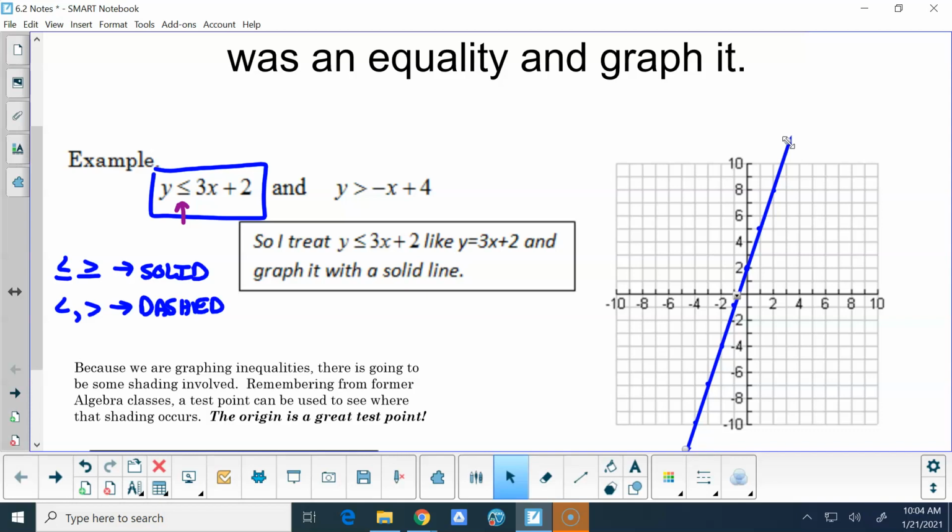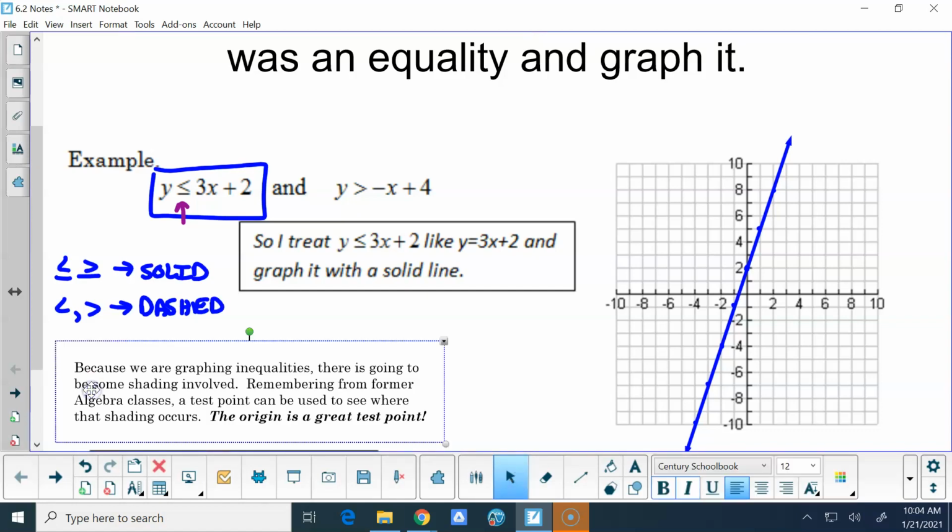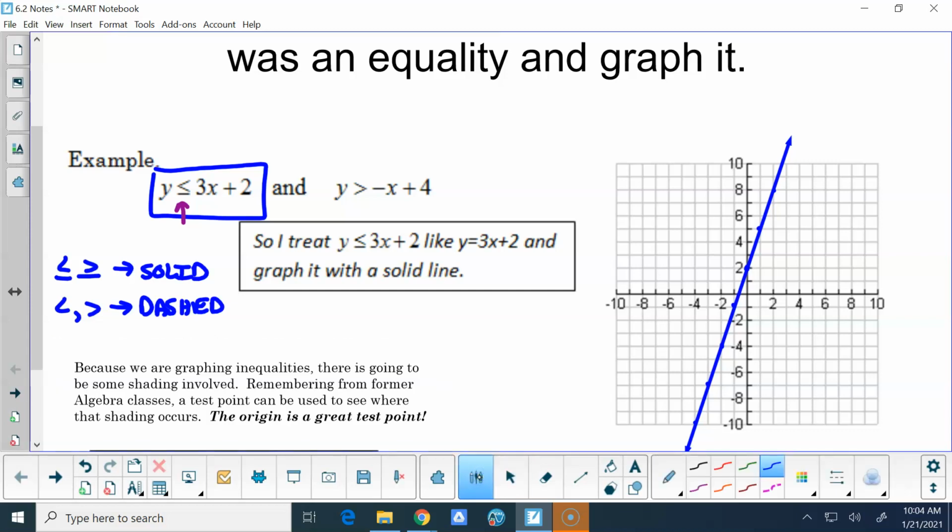But now, because we are graphing inequalities, we're going to have to shade. So we can test a point. We talked in first semester about a test point, and if the line doesn't go through the origin, we should use that one. This line didn't go through 0, 0.